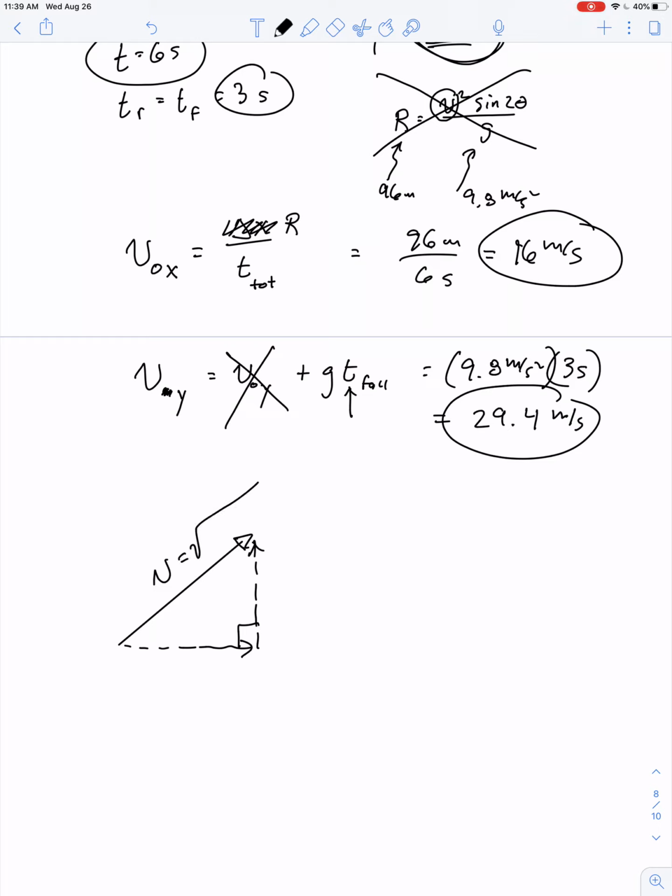So v should be equal to the square root of vx squared plus vy squared. In other words, v should be the square root of 16 squared plus 29.4 squared, which gives a total of about 33.5 meters per second.